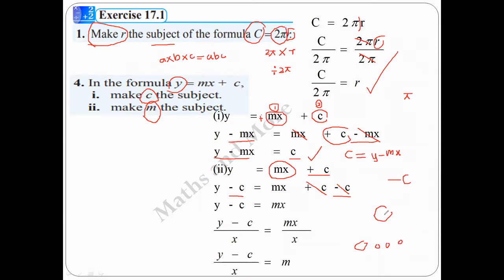So only that term should be on one side. But here with m, x is also there. So you have to remove this x. You can't just erase that. How to remove that? Do the inverse mathematical operation.